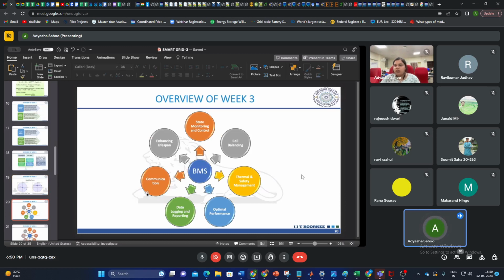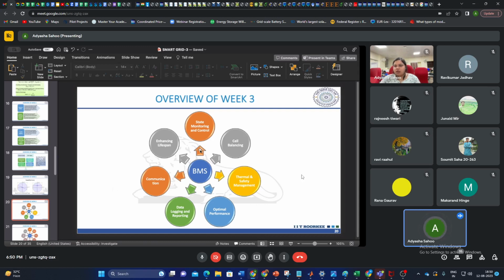Then next we had the important battery management system. We can see some of the operations and the need for the BMS, but still if anyone wants to add their thoughts on why it is crucial.